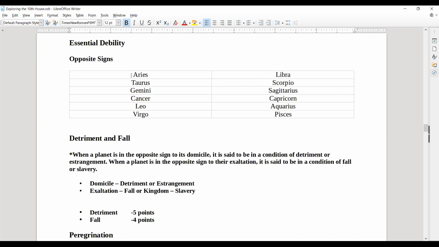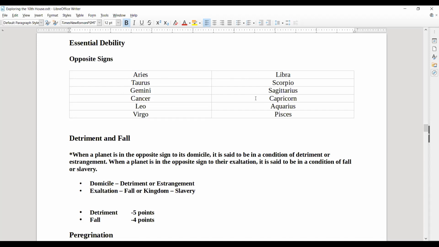So for instance, the sun is exalted here in Aries. That means Libra is the fall of the sun. The moon is exalted in Taurus. That makes Scorpio the fall of the moon. Mercury is in his domicile in Gemini. That makes Sagittarius his detriment. Jupiter is exalted in Cancer.